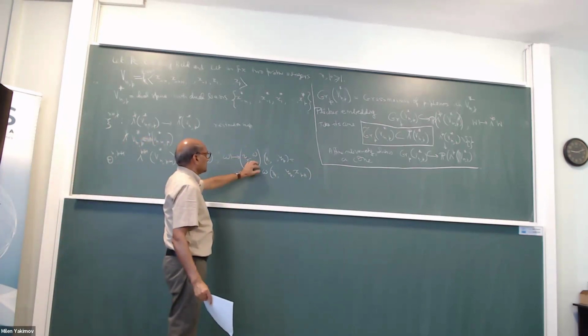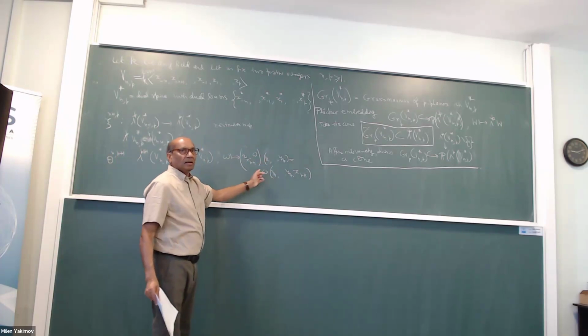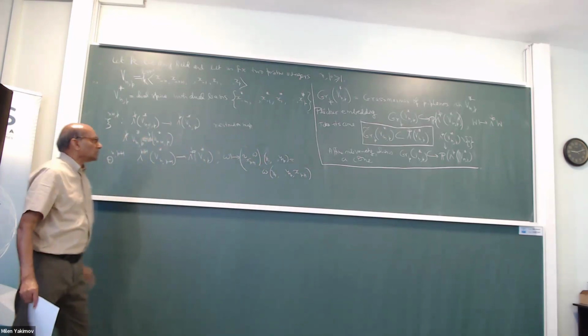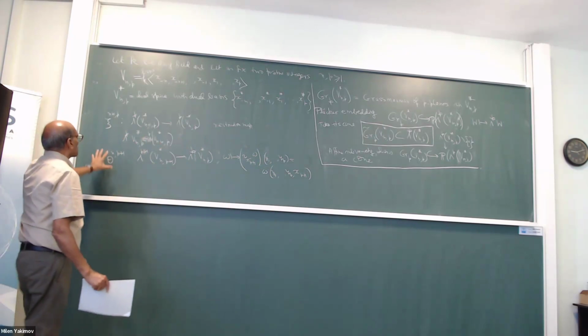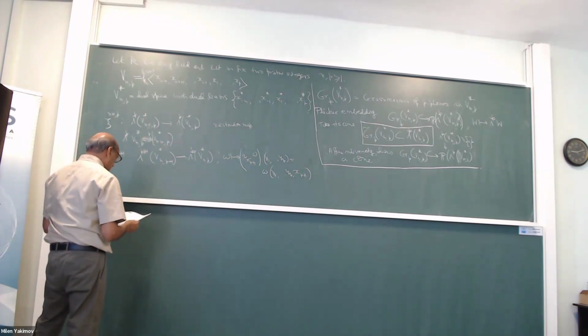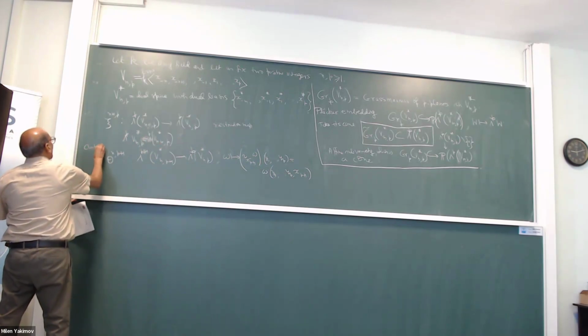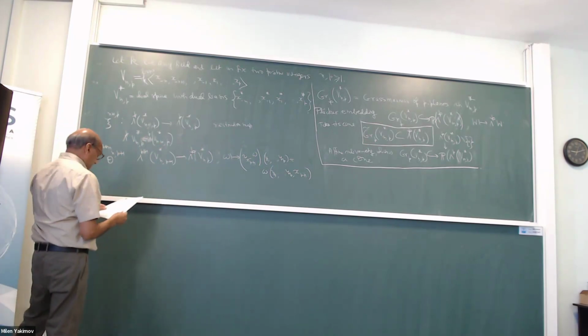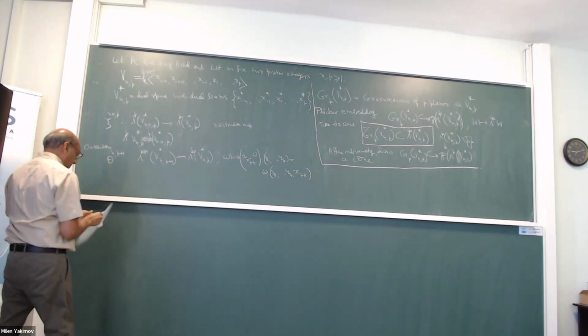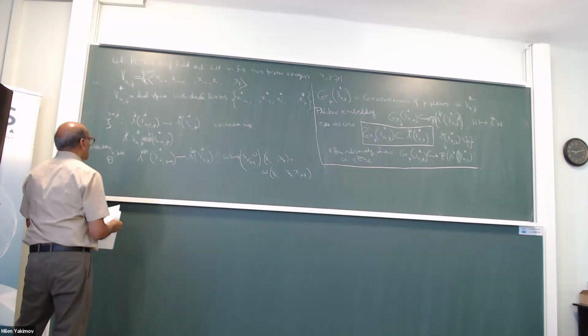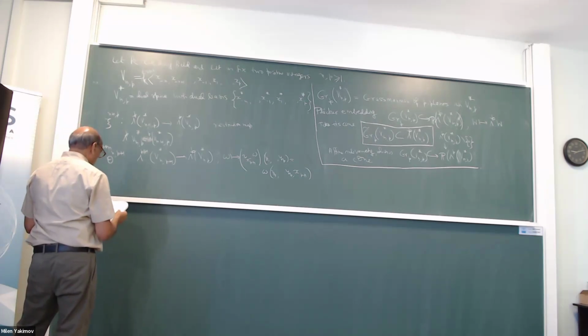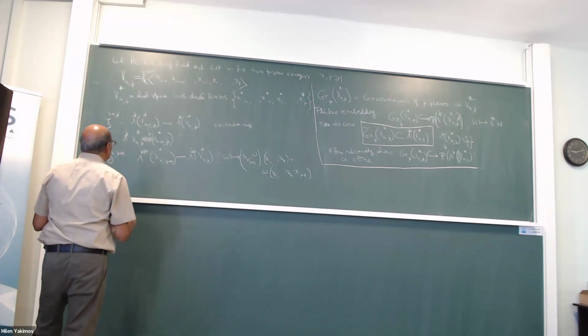You could have attached x_{p+1} in here. So that will only change the sign. So we have these two maps. So one is the contraction, and another is coming from the restriction map. Now we can combine these maps.